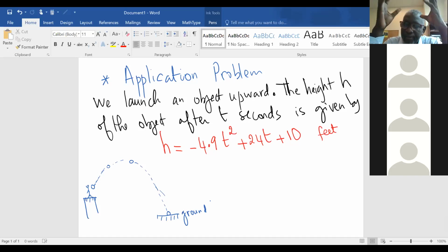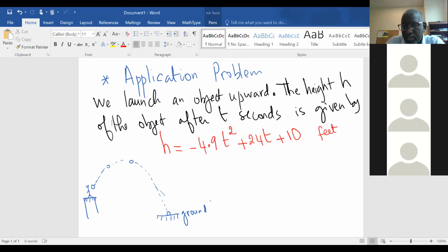Because it is like a free fall, the equation depends on the gravity. If you look at the trajectory, it does make sense to take it as a quadratic equation in t.